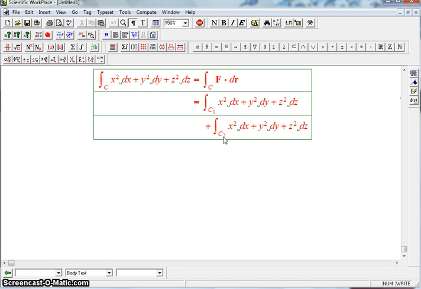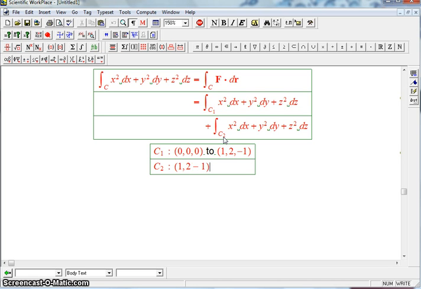Well, let's see. What's C1? That is going from 0, 0, 0 to 1, 2, minus 1. And C2 is going from 1, 2, minus 1 to 3, 2, 0.